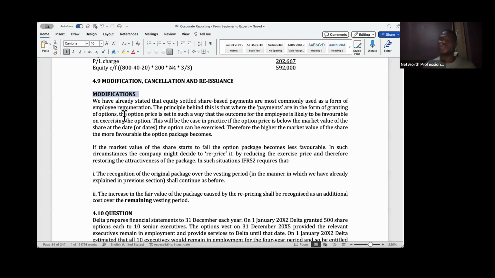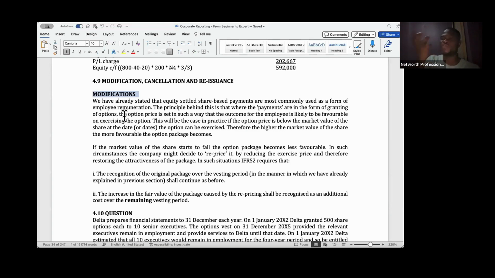That is not where we are going. That's not where we are going. That is just to make you understand what usually results in modification. Where we are going is this. You see, when they reprice, what they have done in essence is that they have improved the value of that equity settled share-based payment.